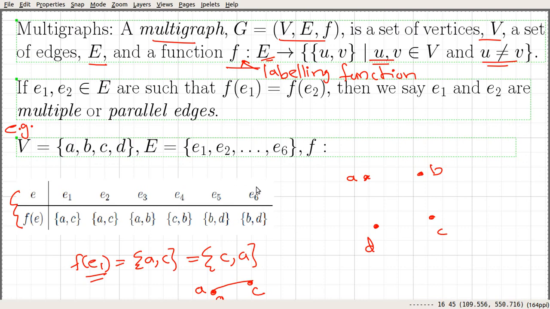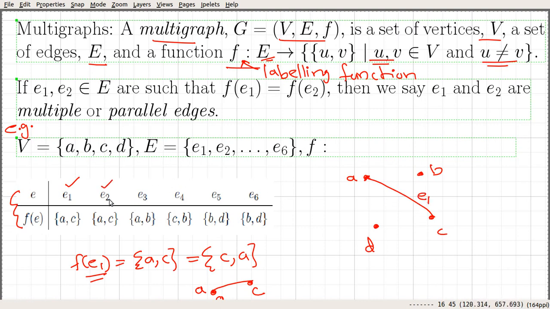Let me complete this graph by introducing the edges. The edges follow this particular function. Let's consider edge E1. F of E1 is AC, that means there will be an edge between A and C, and this is labeled as E1.